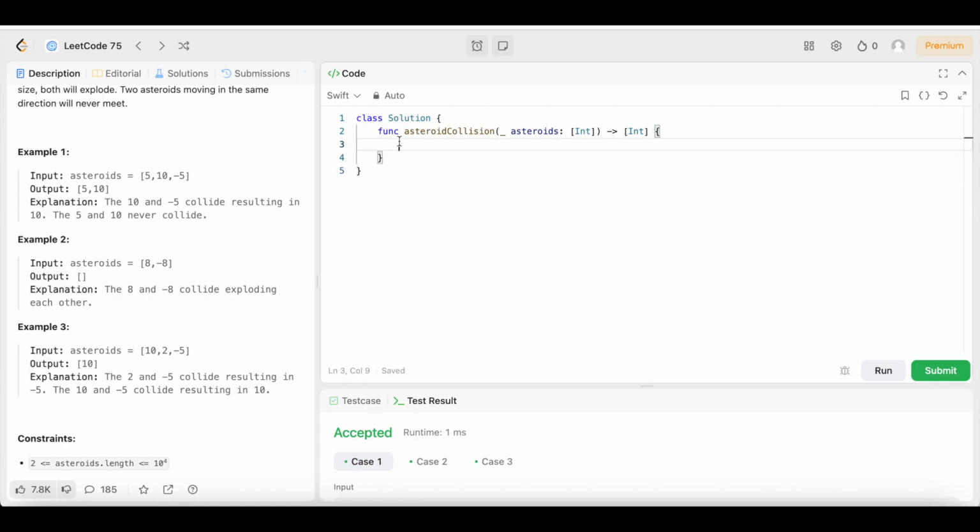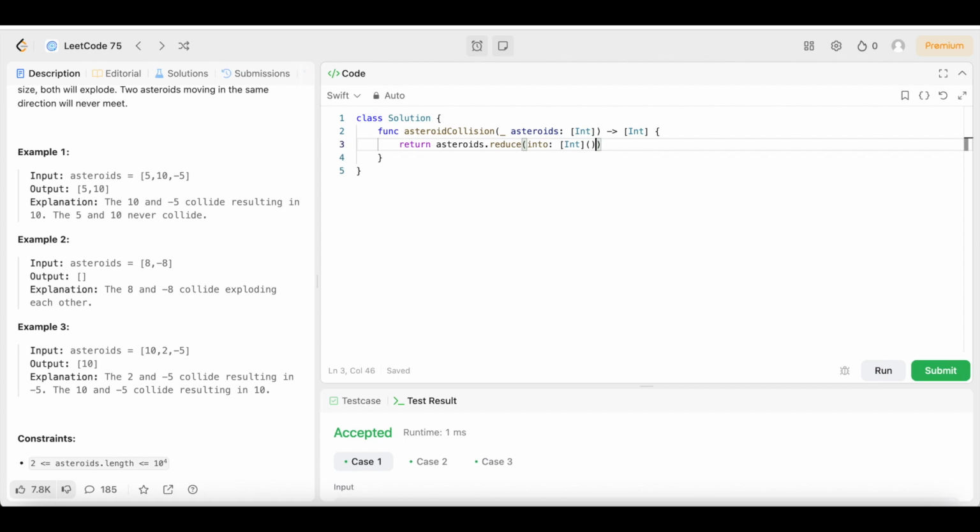So let's see how we're going to solve this problem. First thing we're going to do is we're going to say return asteroids dot reduce, and we're going to reduce that into an array of integers.